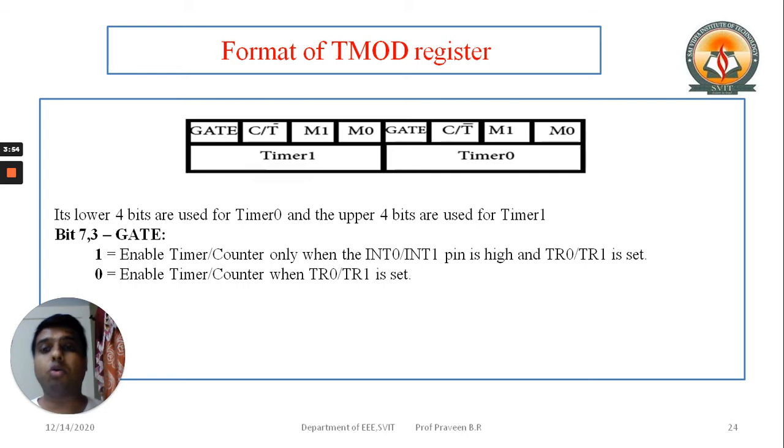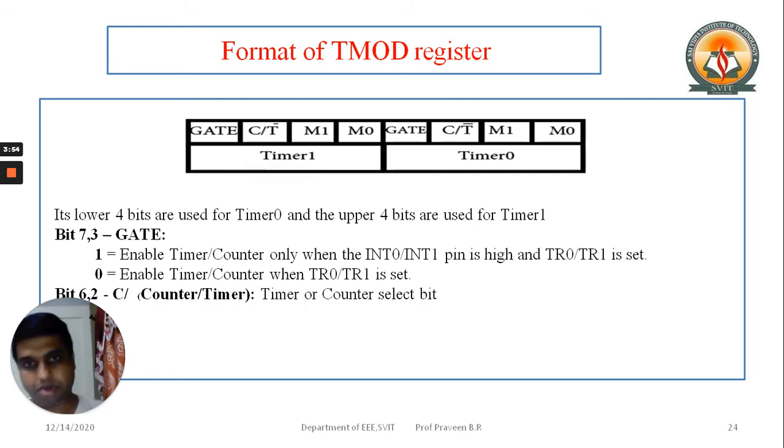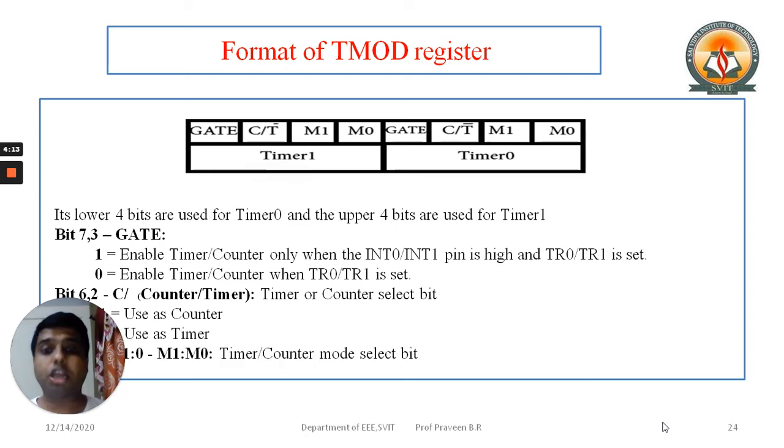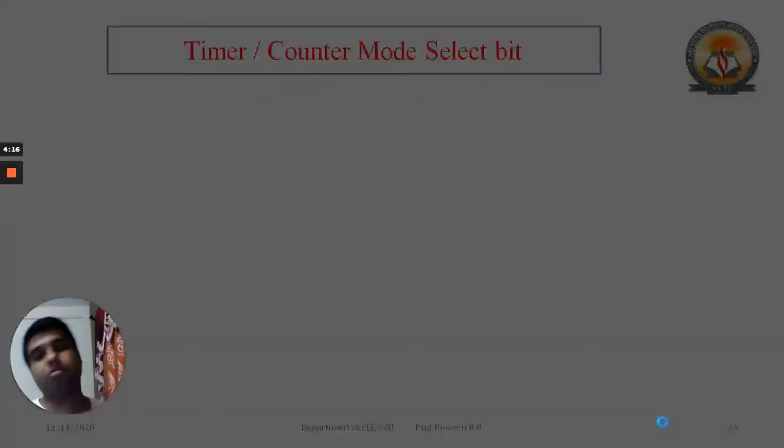Mode 1 is called a 16-bit timer, where 16 bits are used in the timer. Mode 2 is called 8-bit auto reload mode, whereas mode 3 is called the split mode.